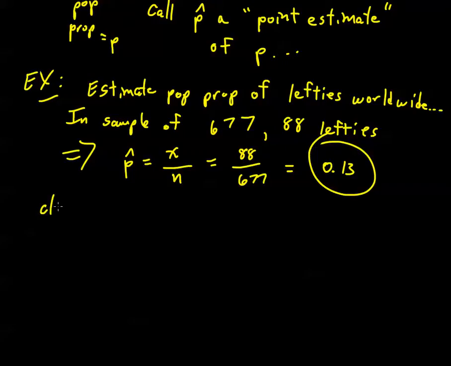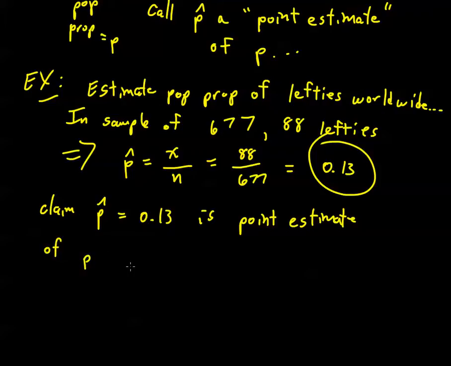So we claim that p hat equals 0.13 is a point estimate of little p, where little p is the population proportion of left-handers worldwide.